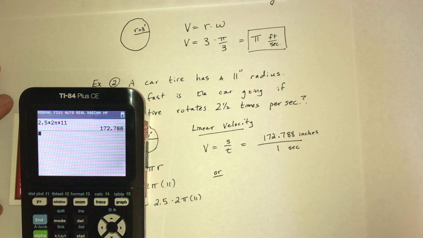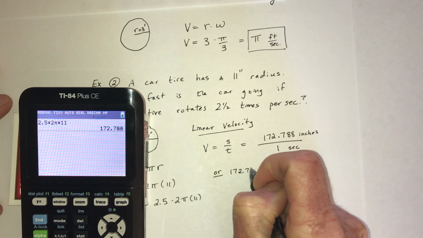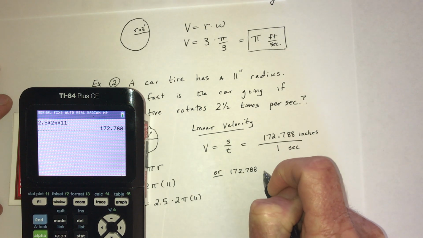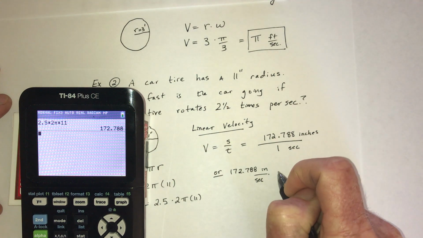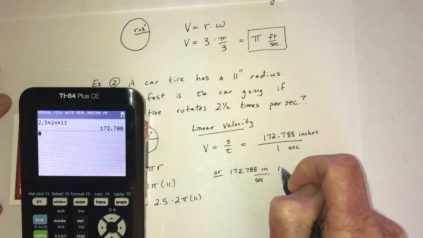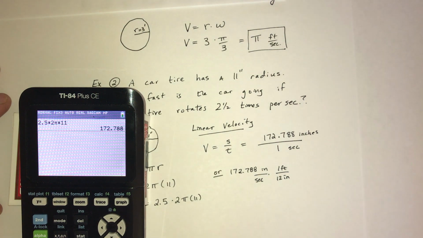What if we change this to miles per hour? So 172.788. This is in inches per second. And then there is 1 foot for every 12 inches.